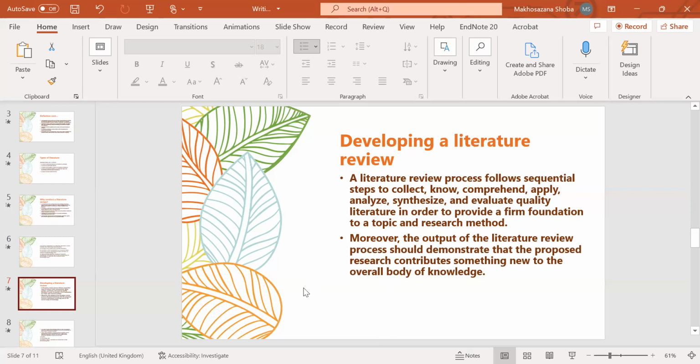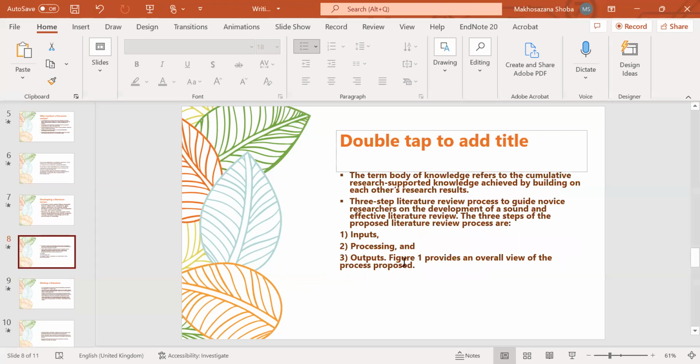So this point keeps coming up: the contribution of something new to the overall body of what is already in existence. The term body of knowledge refers to the cumulative research-supported knowledge achieved by building on each other's research results.